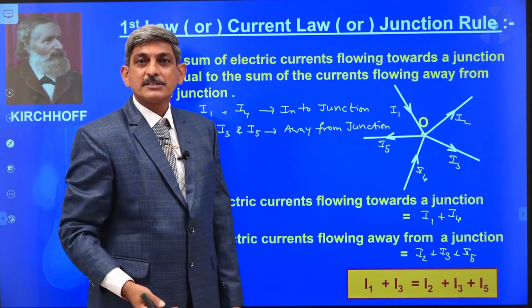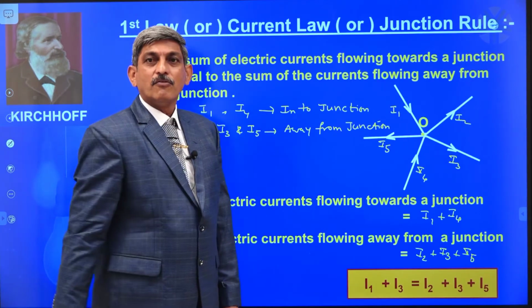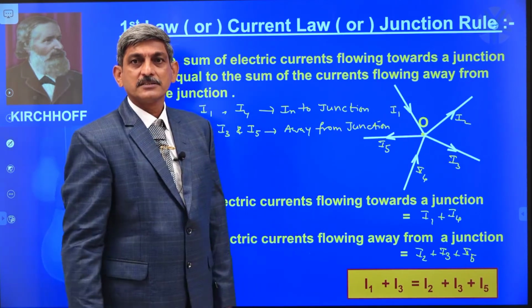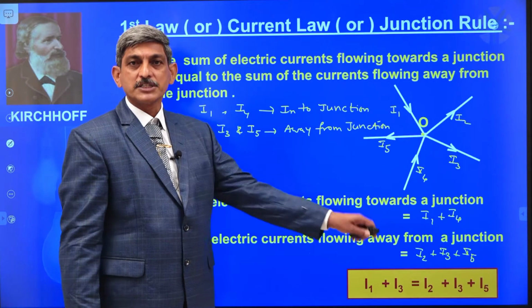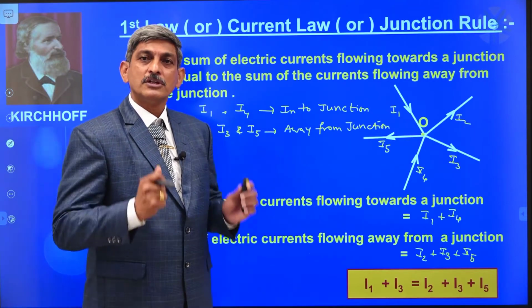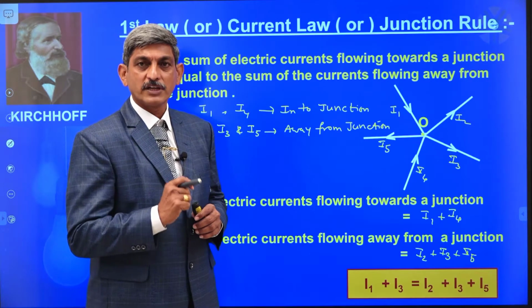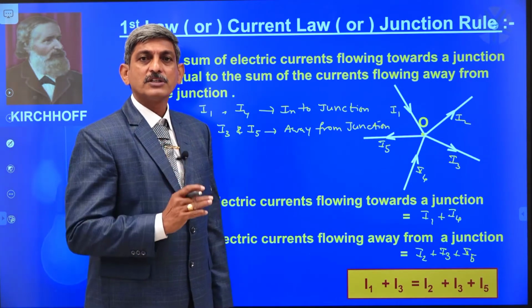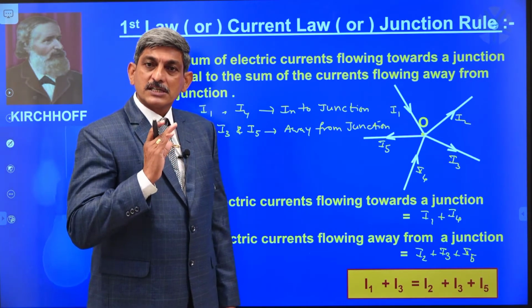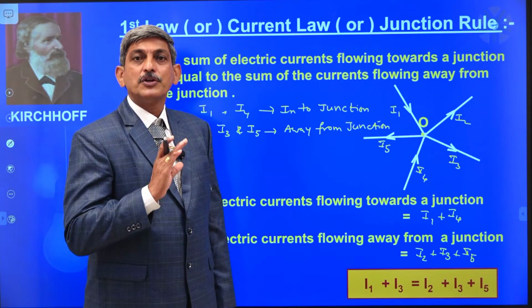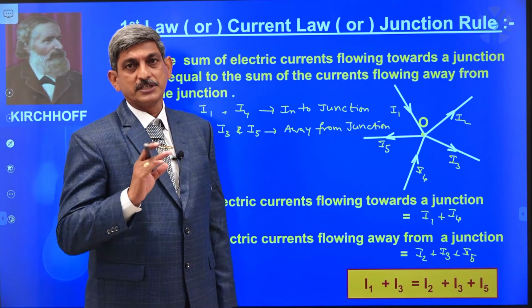The next question is, why? What principle explains this? Why is the sum of the currents flowing towards the junction equal to the sum of the currents flowing away from the junction? The reason is, we know that the current is passing in the circuit due to the flow of the charges.